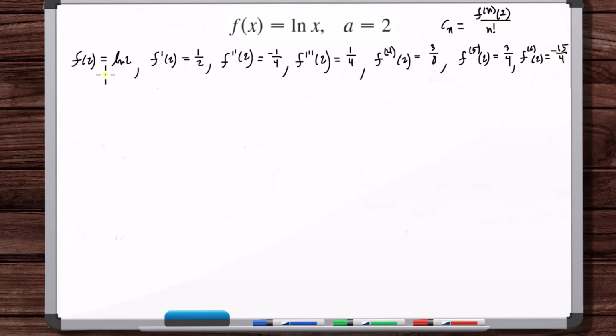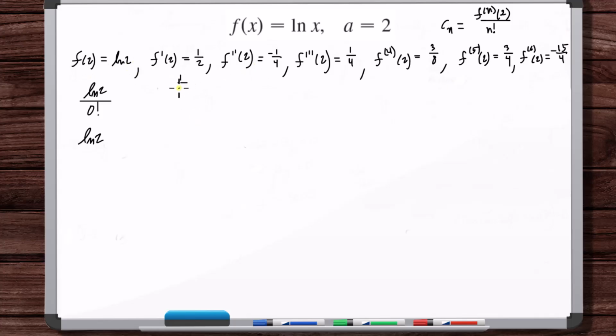Okay, so now for each of these, let's divide by n factorial. So we've got natural log of 2. This is the 0th derivative. That means the function itself. So 0 factorial, that's just natural log of 2. And you can see that this is not going to be a part of the pattern, but we can pull it out of the sum.